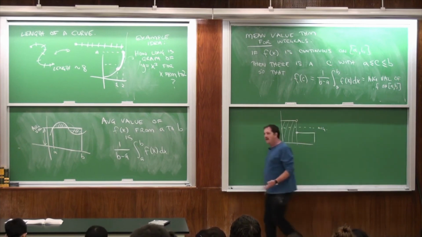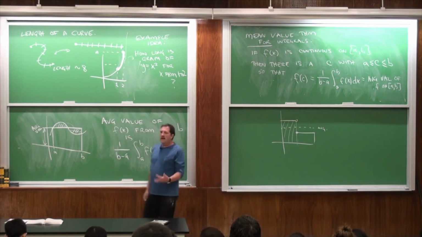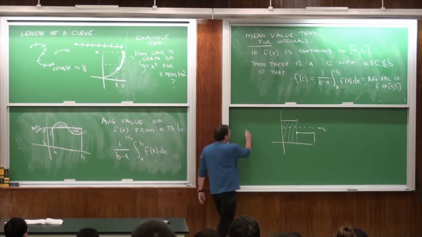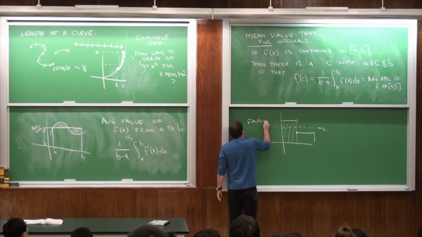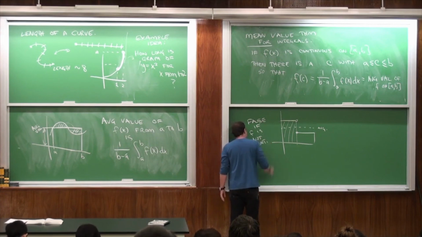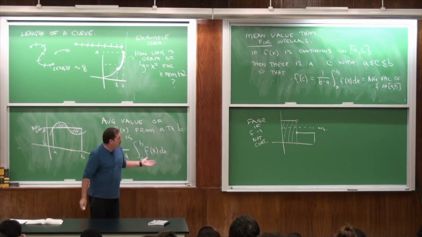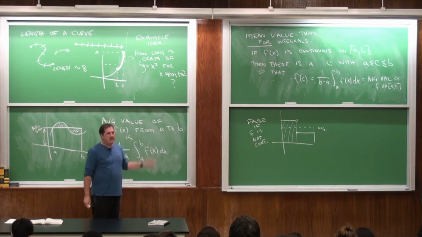The function is always 10 and 0. There's no value that takes on 5. So this is false if f is not continuous. But if your function is continuous, then everything's great.